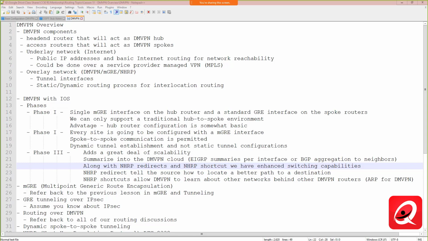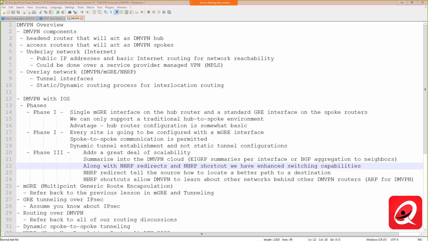All right. So how does the spoke-to-spoke routing work? Spokes obviously initially are going to form an adjacency with the hub. Spoke 1 might know about Spoke 2's routes, which are going to be exchanged via the IGP routing protocol that's running in the overlay network, but those routes are going to be learned via the tunnel to the hub. There are never any adjacencies between the spoke routers regardless of the DMVPN phase.